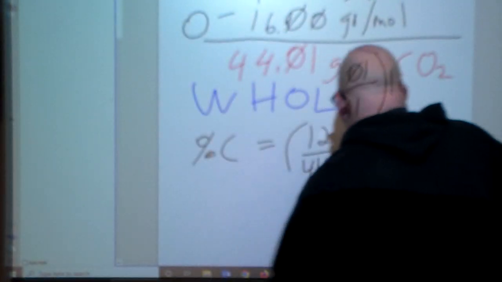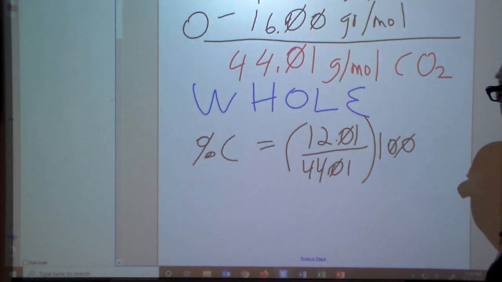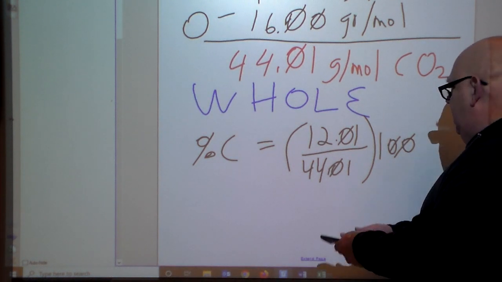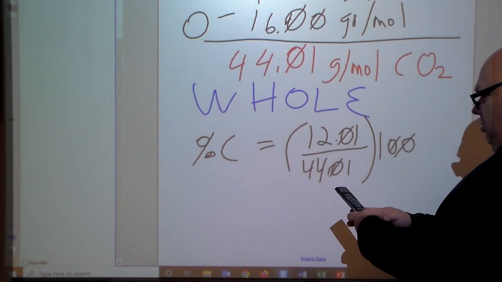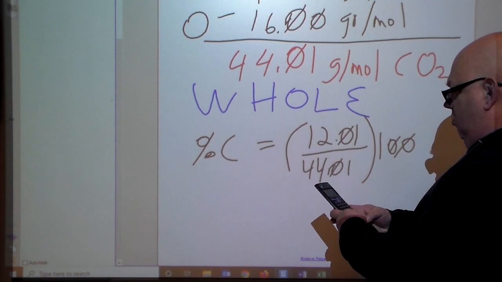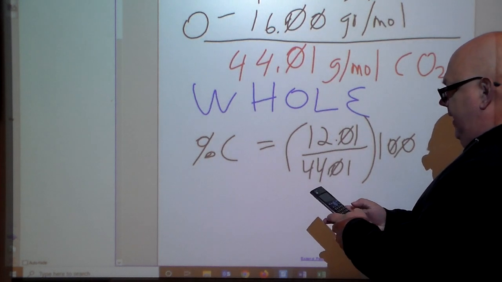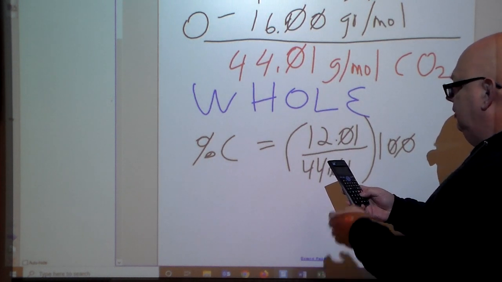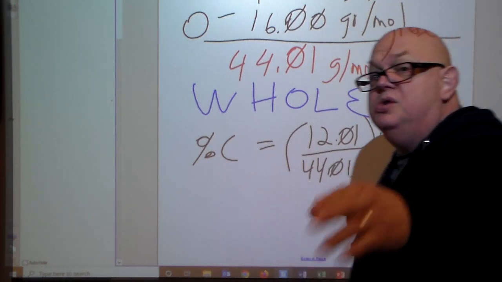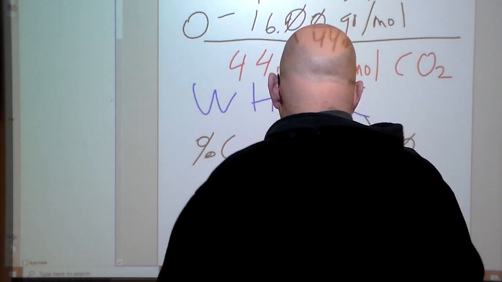Okay, let's check this one out here. Got my handy dandy calculator. 12.01 divided by 44.01. And I'm going to multiply it by 100. Before you do anything with those decimals, do the multiply by 100.